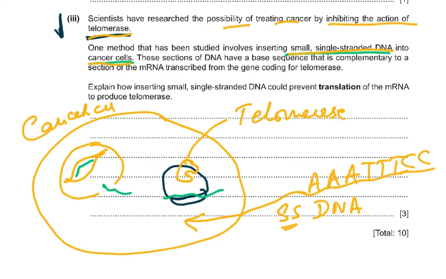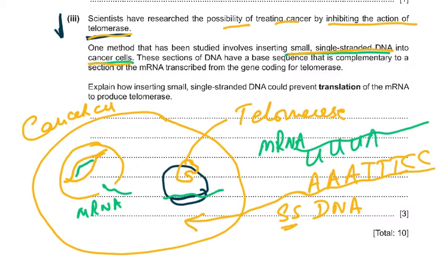These sections of DNA have a base sequence that is complementary to a section of the mRNA. So this is complementary to this mRNA which I just showed you. So what will be complementary to this?